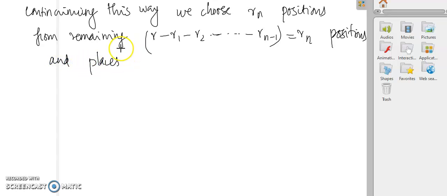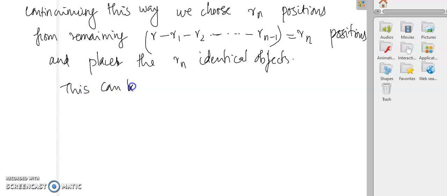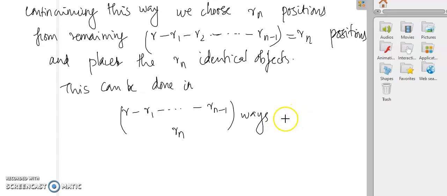So for placing the last Rn objects, we have exactly Rn positions. So this can be done in R minus R1 minus etc. Rn minus 1 C Rn ways. So that is equal to Rn C Rn, which is equal to 1.